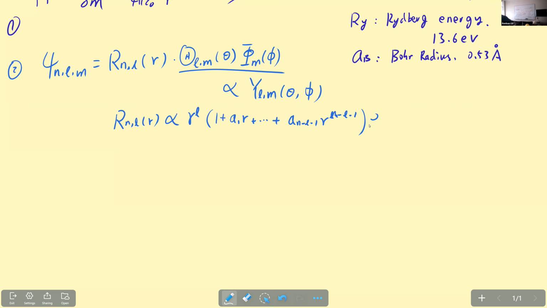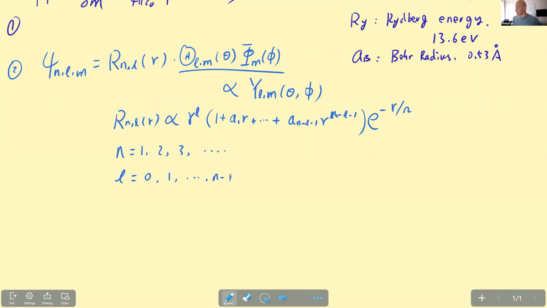And then you have an exponential function, e to the minus R divided by n a. The quantum numbers: n equals 1, 2, 3, all different quantum numbers. And L is limited, at the most, to n minus 1, from 0 to n minus 1.